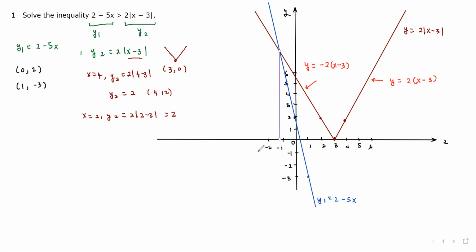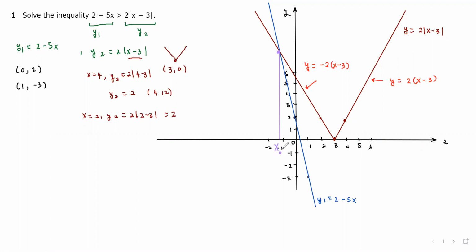We cannot look at the x value here, so let's say this is the x value, x naught, that we want. To the left of this point, the graph y1 is above the graph y2, and to the right of this x value, the graph y2 is above the graph y1.